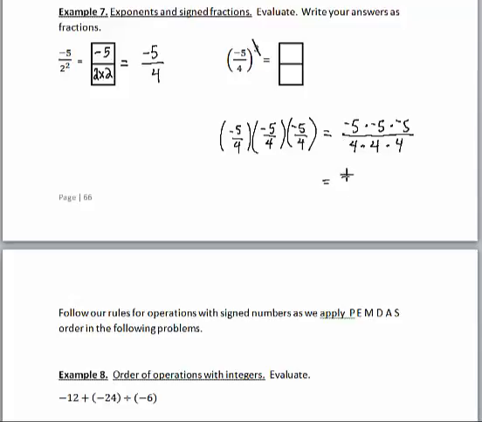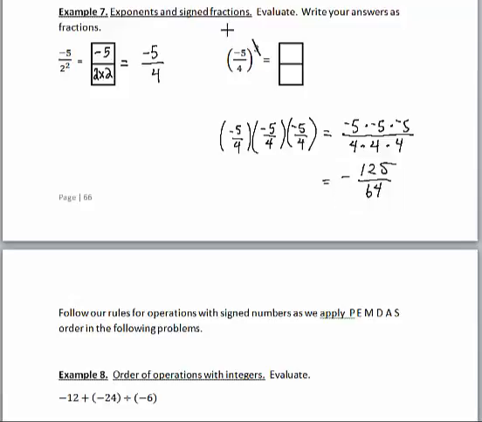I know I'm going to get a negative product in the end. 5 times itself 3 times is 125, and 4 times 4 times 4 would give us a 64. And we can't simplify that. There's no common divisors.